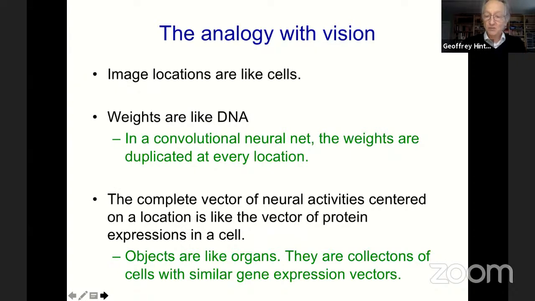Similarly, an object is going to be a bunch of locations that have similar activity vectors. Now, of course, within an object, there may be sub-objects like the parts that have similar activity vectors that are different from one another. But overall, the complete activity vector at a location is going to be quite similar for all the parts of an object.